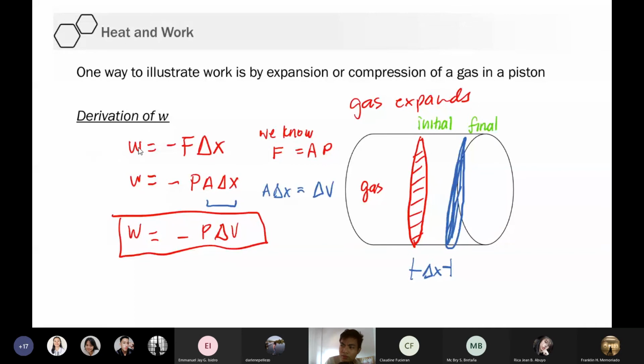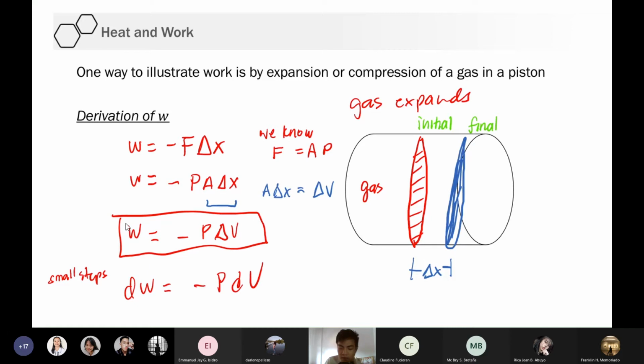So, according to physics, W equals negative F dx. We know that force is equal to area times the pressure. So, we plug it here. Area times the change in the height is equal to the volume. So, this is delta V. If ito ay small steps, that is dW equals negative P dV.